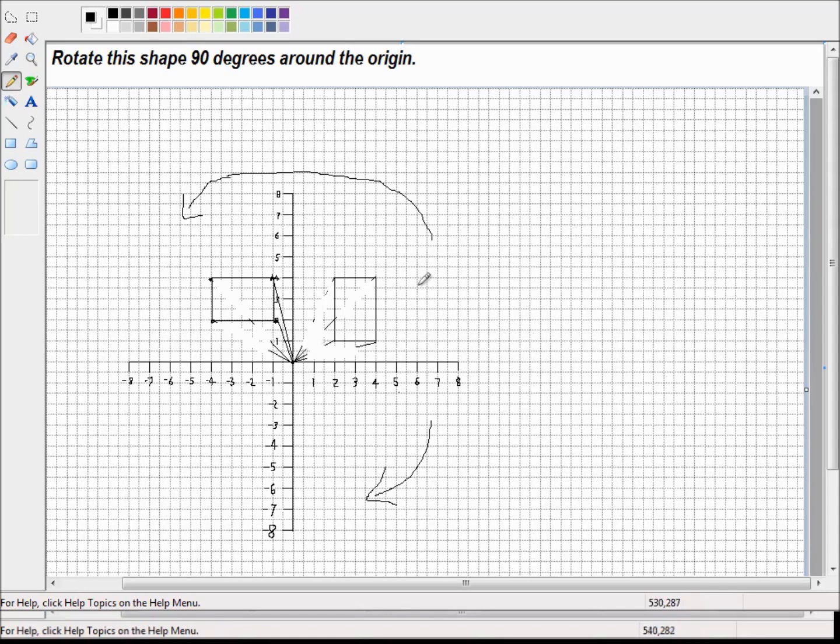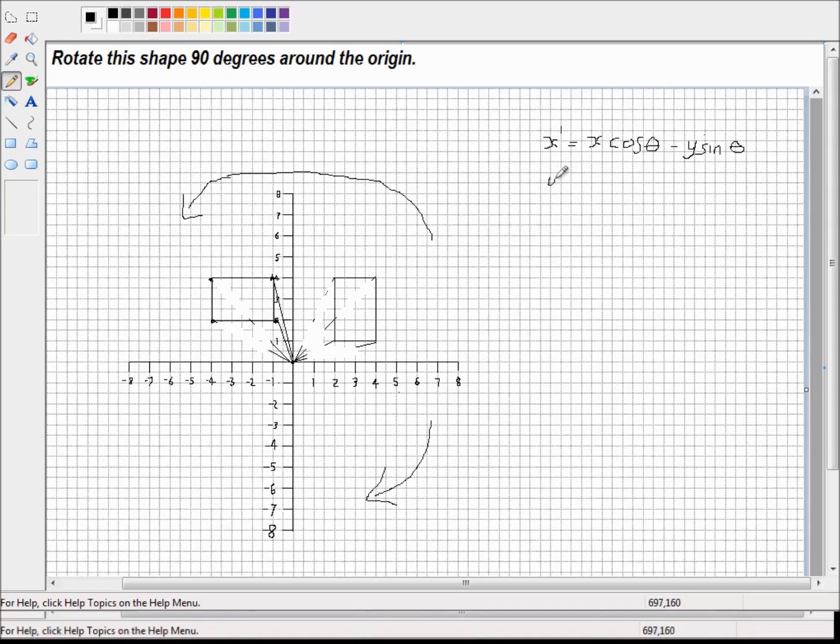you could say that the x-coordinate of the image is equal to the x-coordinate of the object times the cosine of the angle that you're rotating through, minus the y-coordinate of the object times the sine of the angle that you're rotating through.